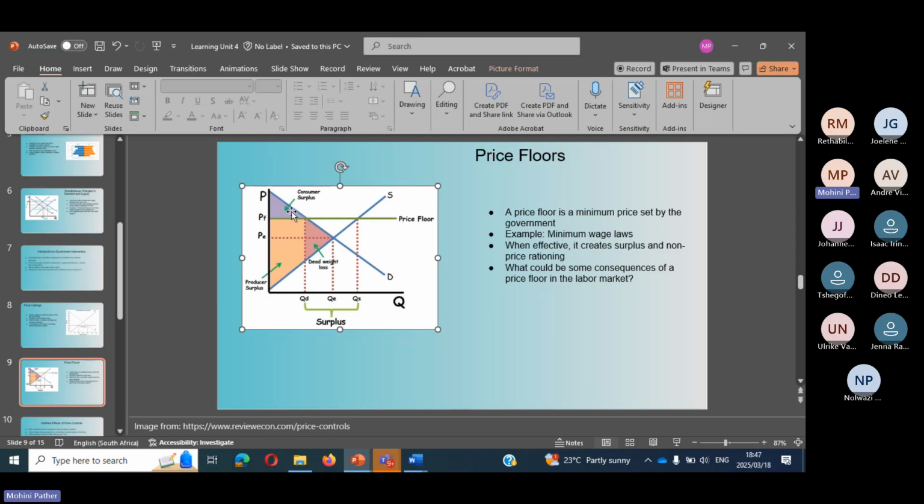This little consumer surplus here on the top is where we exist. But the unfortunate thing is, because the price floor is so high, despite the fact that we have an excess supply of labor, they cannot be absorbed by the market because they are simply too expensive. So what a price floor does is it creates an artificial excess in supply.